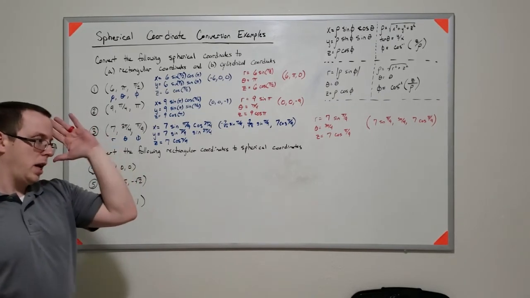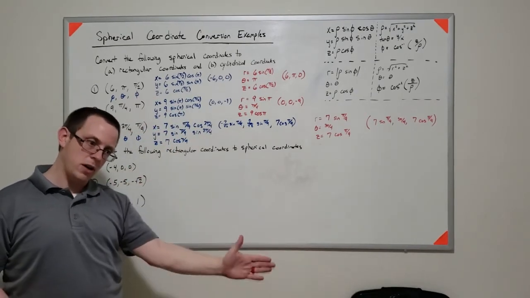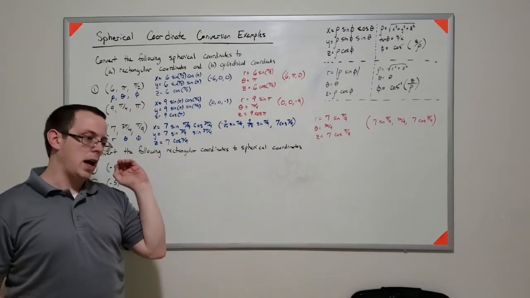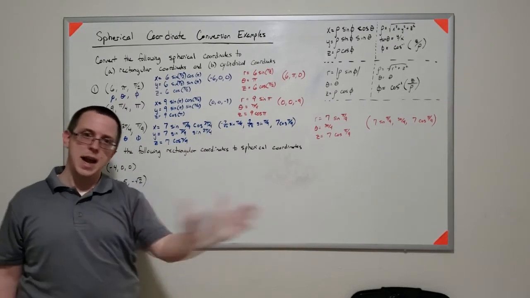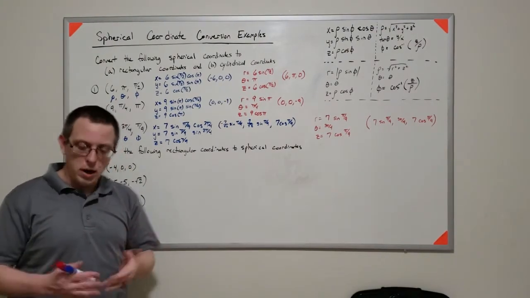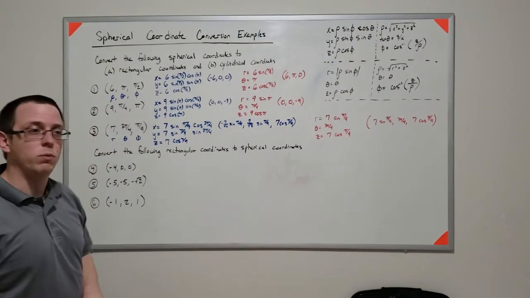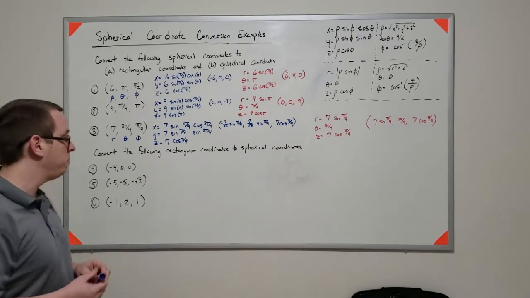So I should expect phi to be pi over 2, because it's coming down and hitting the axis. I should expect theta to be pi, because it's in the negative x direction. And I should expect rho to be 4.